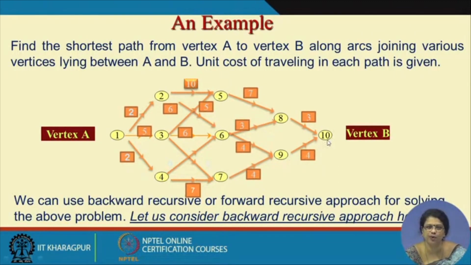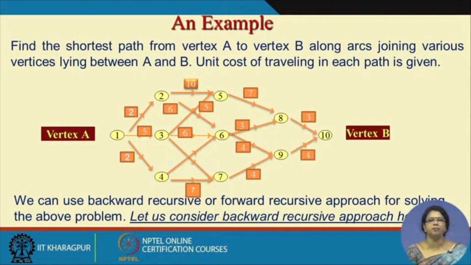This is the forward recursive approach I will consider, and I will tell you why it is recursive. And if I go from 10 to 1, what exactly is the path I will follow? If both match, then fine, that would be the optimal solution. That should be the approach for dynamic programming. So dynamic programming adopts this forward recursive formula and backward recursive formula.